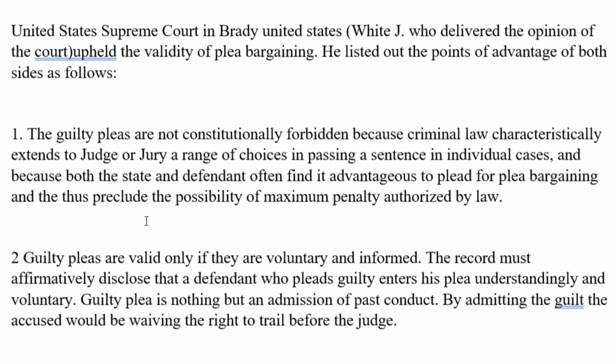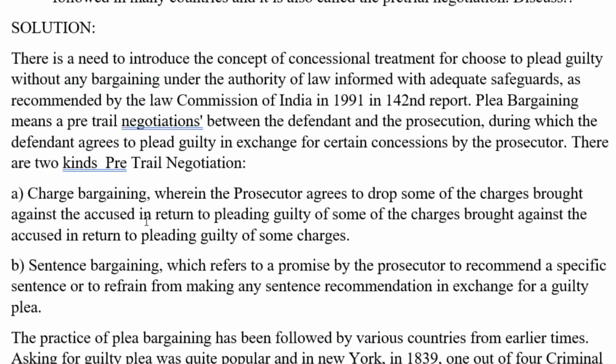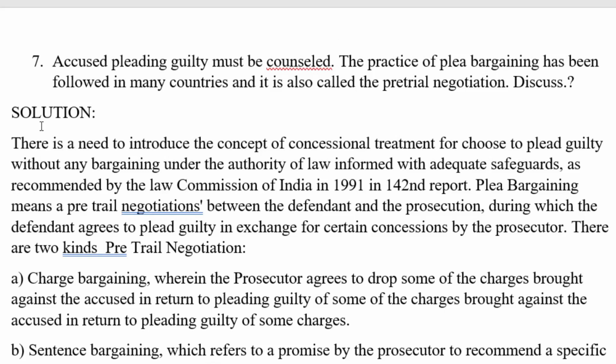So you have to write the entire thing with regard to plea bargaining and pre-trial negotiation with regard to the accused. How the accused should be negotiated with regard to accepting his guilt, and it can also be called charge bargaining.